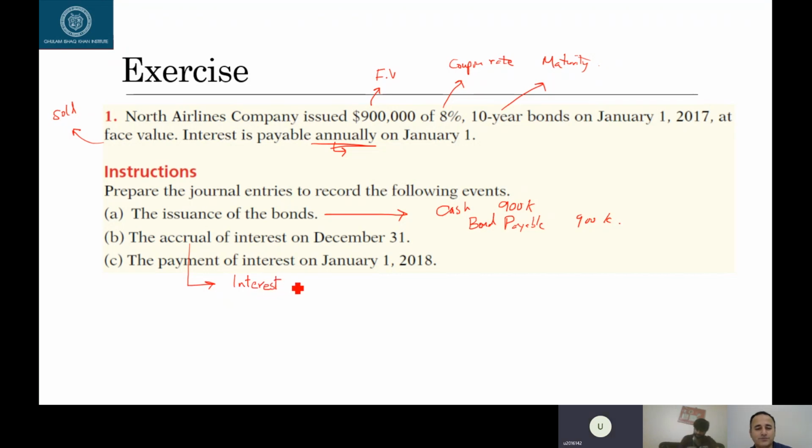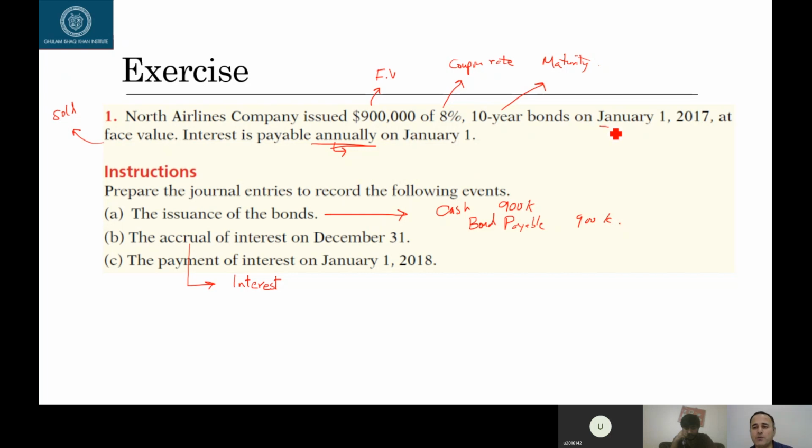Yes, Humayun. Sir, do we have to write how much interest is accrued on December 31st, the amount, or the entry? Yes, the entry with the amount.